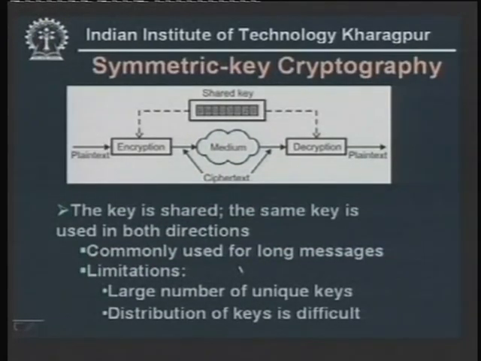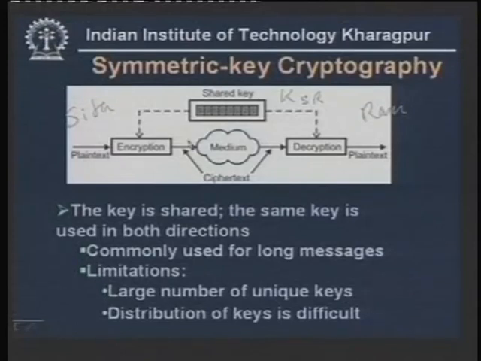In case of symmetric key cryptography, a single key, which is known as a shared key, is used by both the parties, that means both Sita and Ram, at the two ends. They use the same secret key, let it be K_SR, and this particular key is known only to Ram and Sita, not by anybody else.